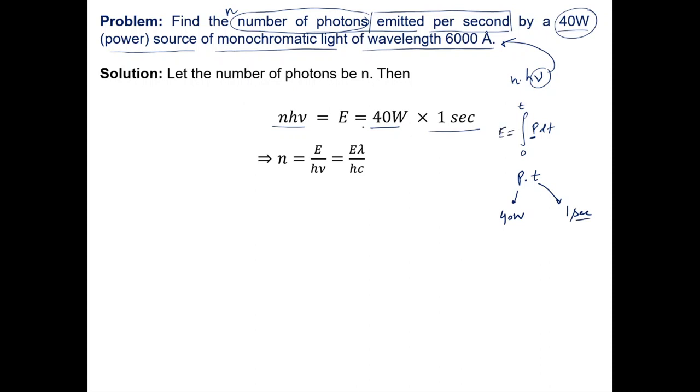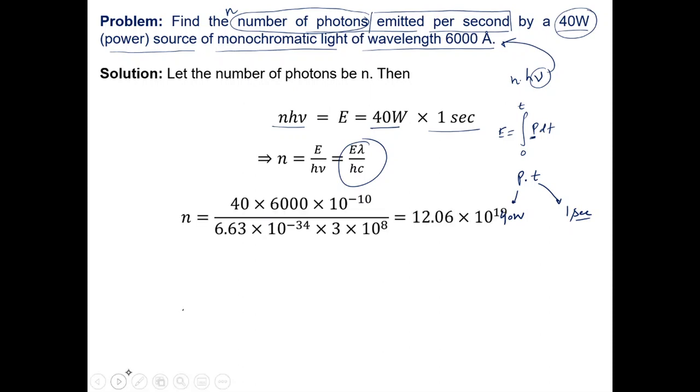So this gives you the energy, right? So now we got the energy, which is 40. Now you can equate. So N will be E divided by h nu, or E times lambda divided by h c.